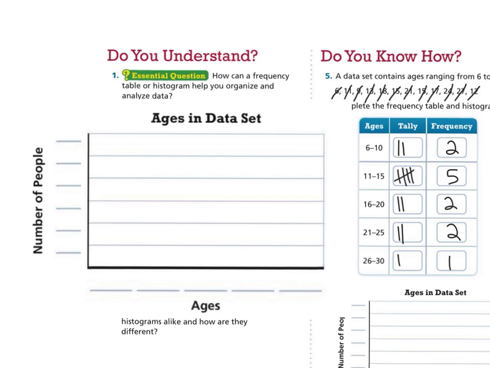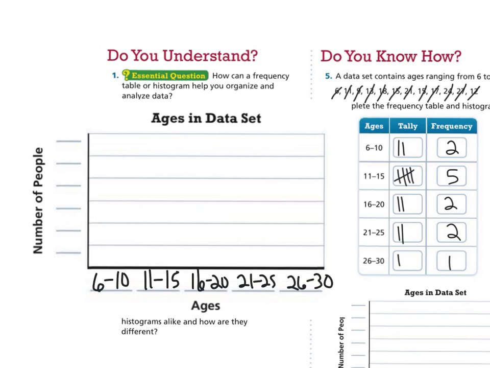Notice on the histogram they've also already done some of the work for you. They have a title and they have labels. They have ages listed at the bottom and number of people listed on the side. So we just need to fill in some information here for the ages, just like they had on the frequency table: 6 through 10, 11 through 15, 16 through 20, 21 through 25, and 26 through 30.